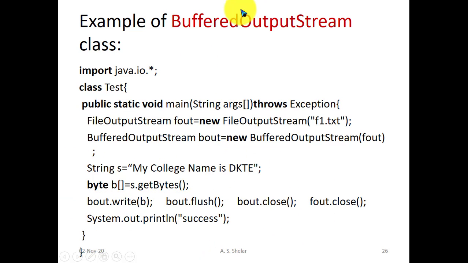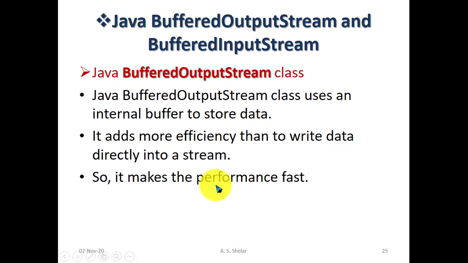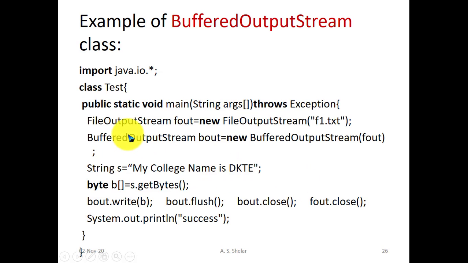Because it makes performance faster and is more efficient. BufferedOutputStream has more methods to work on the data, whereas FileOutputStream doesn't have more methods on this class. BufferedOutputStream has more features to use on this data, and it is recommended to go with the BufferedOutputStream.